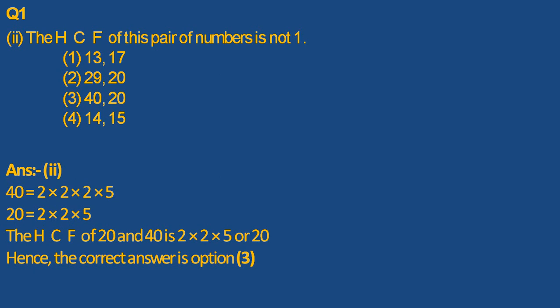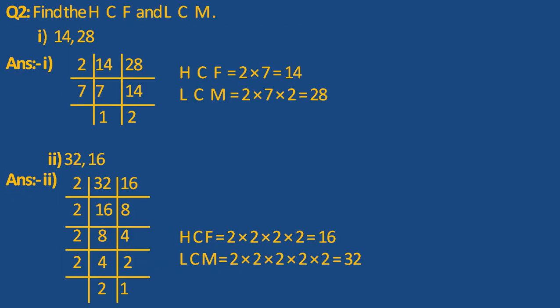But when you see 40 and 20, 40 can be written as 2 multiplied by 2 multiplied by 2 multiplied by 5. 20 is written as 2 multiplied by 2 multiplied by 5. The HCF of 20 and 40 is 20. That means it is not 1. So the correct answer is the third option, that is 40 and 20.